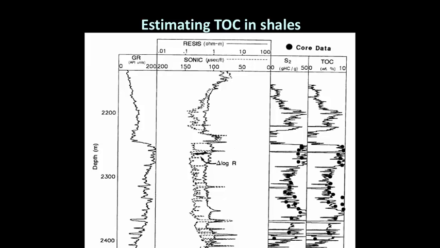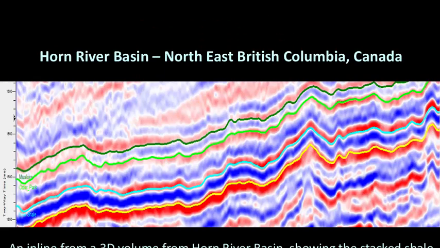Because TOC can also be determined with the geochemical analysis, etc. So that information is shown here in the form of these dots from the individual core samples. And as you see, it matches pretty well. So we can apply this methodology as we go along.